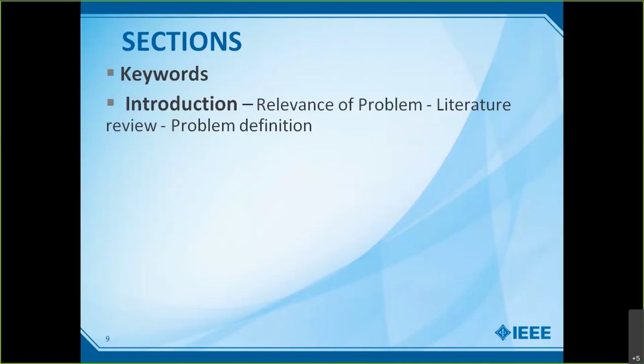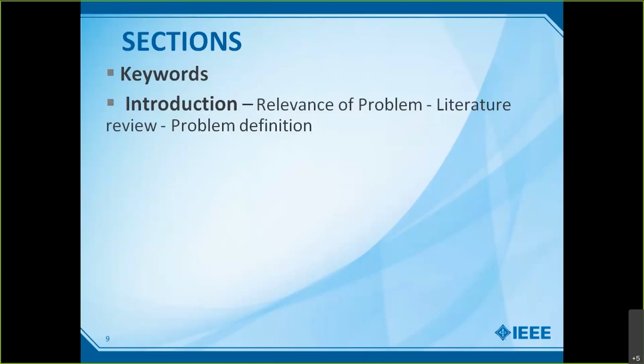If you simply write the literature review saying that such and such has done this work in this method, it is of no use. You have to say that such and such did this work, but that paper has this problem. This paper, mentioned in dash, is facing this problem, this disadvantage.